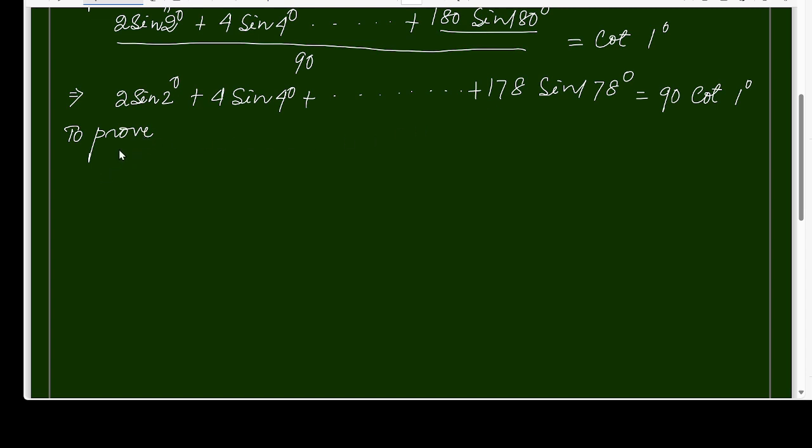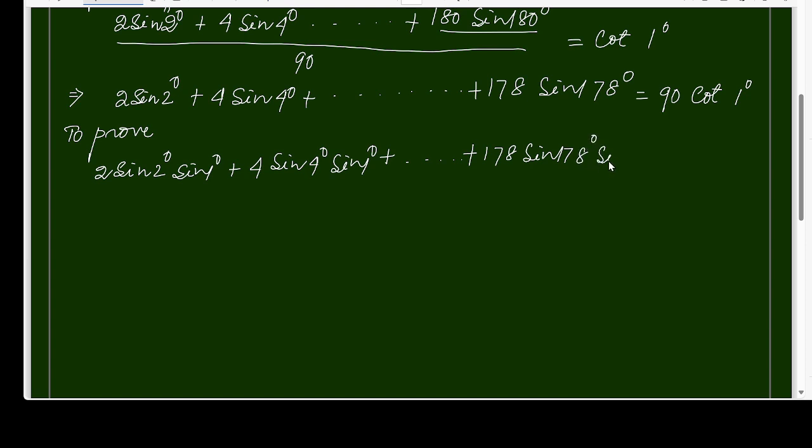So it will be 2 times of sine 2 degree sine 1 degree, and I am multiplying sine 1 degree in each of the terms, up to 178 sine 178 degree sine 1 degree, is equal to, cot 1 means cos 1 by sine 1.